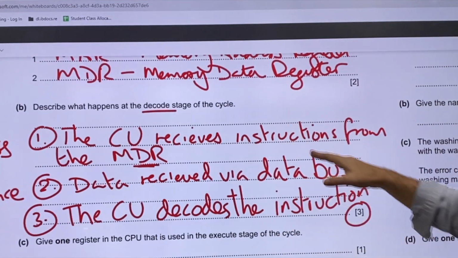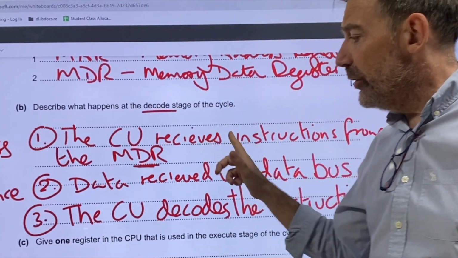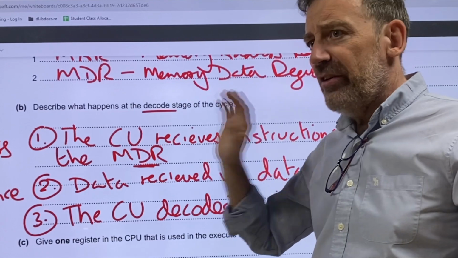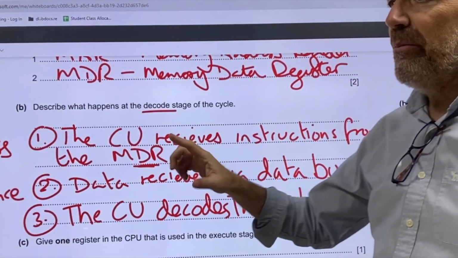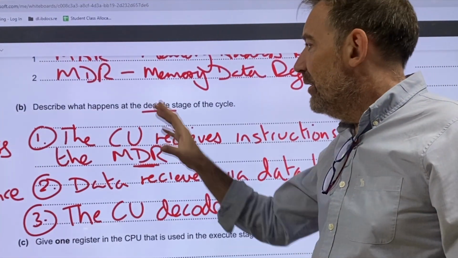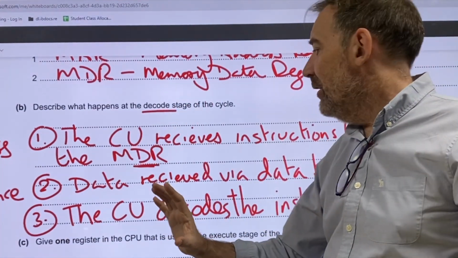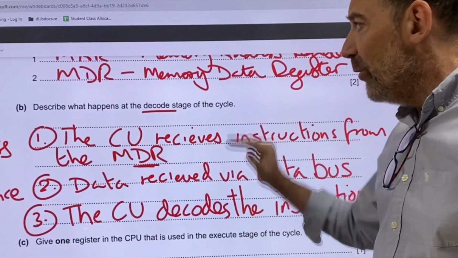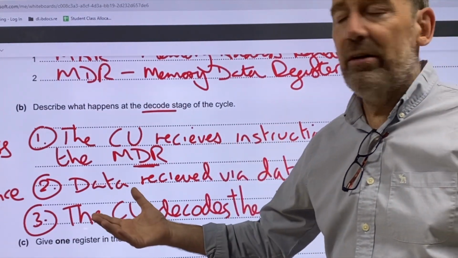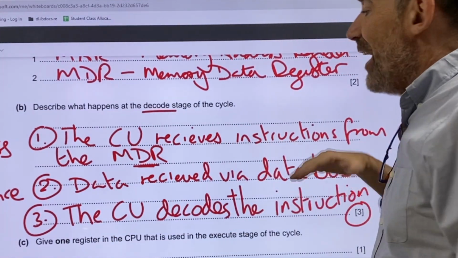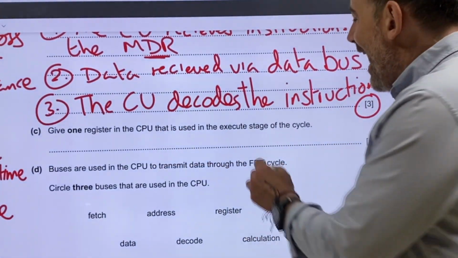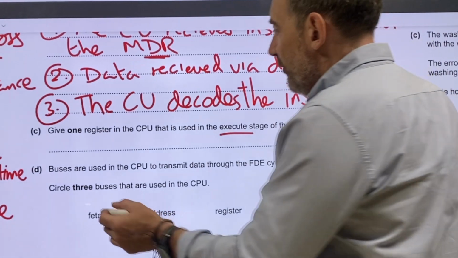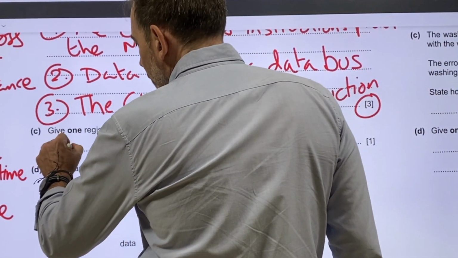Okay, that is just the decode stage. Don't get confused. Don't start sticking in memory address registers and the accumulator. We're not there yet. The CU needs to decode it before it can be executed. So give one register in the CPU that is used in the execute stage. Well, I've just mentioned it, the accumulator.